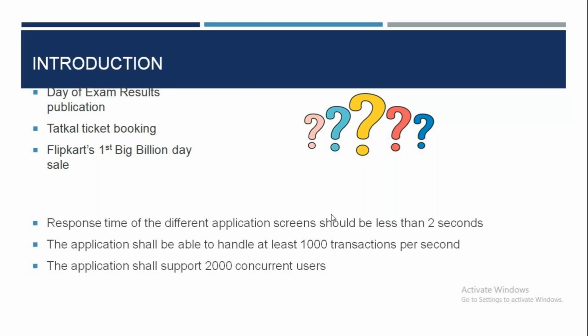As a result, the application is going to have a loss. And every businessman wants to have profit. They do not want to lose their customers at any point of time. That is why speed is very, very important.